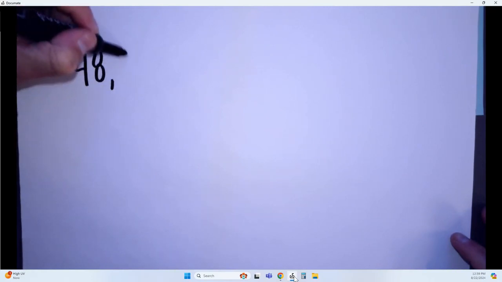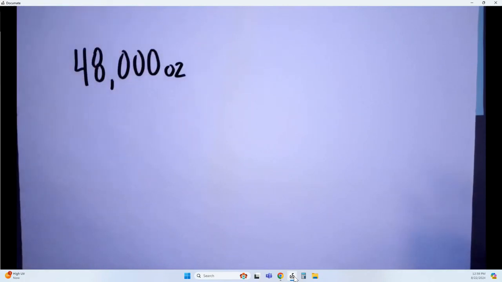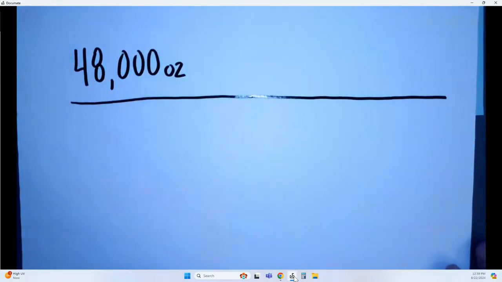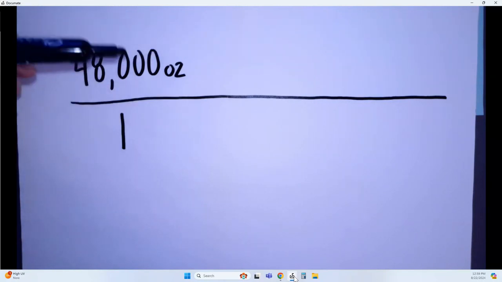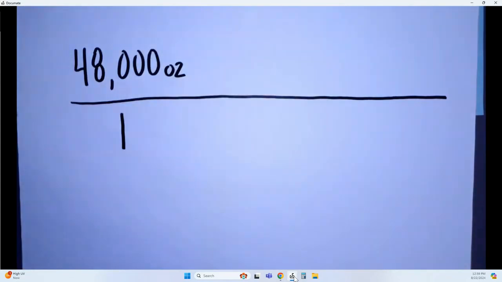So I'll start with 48,000 ounces. Since that's our starting point, we now draw our line underneath it, going across, and put a 1 underneath there. Like we said earlier, 48,000 divided by 1 will still leave us at 48,000, so nothing changes here. And I'm going to build from my smaller unit over to my larger unit.